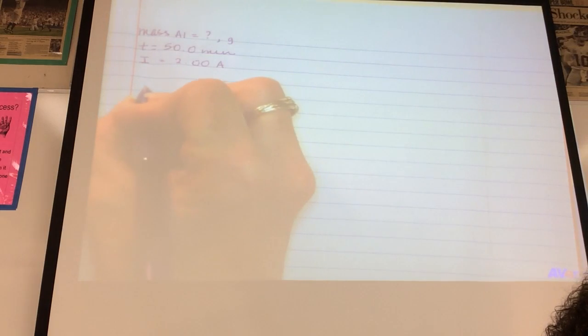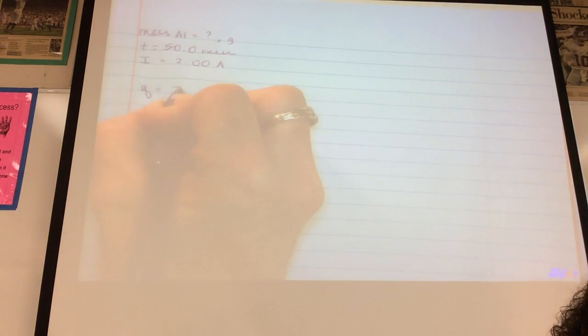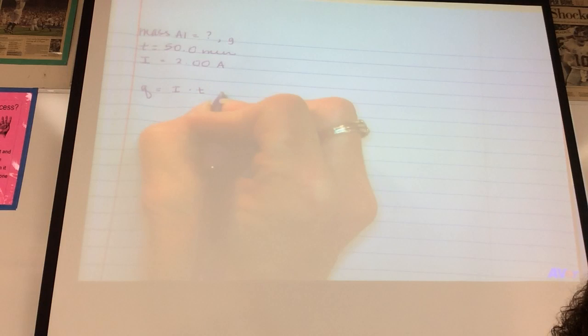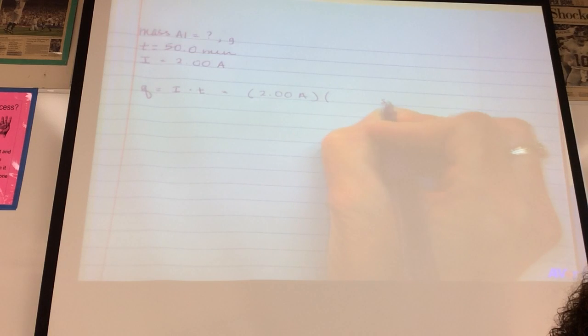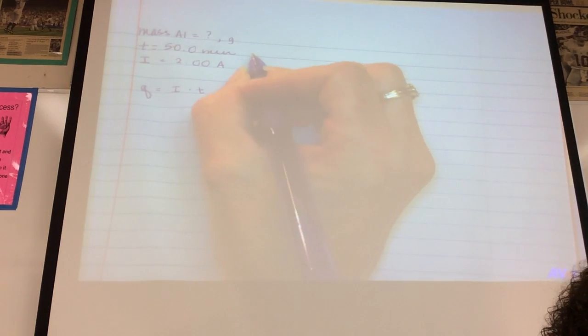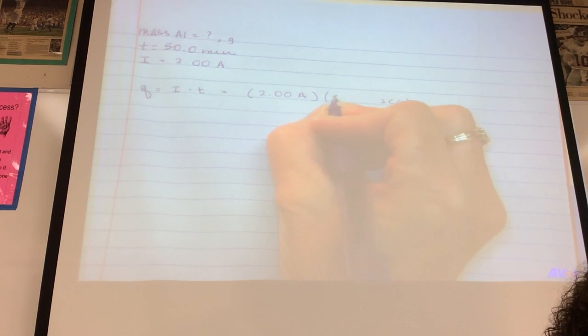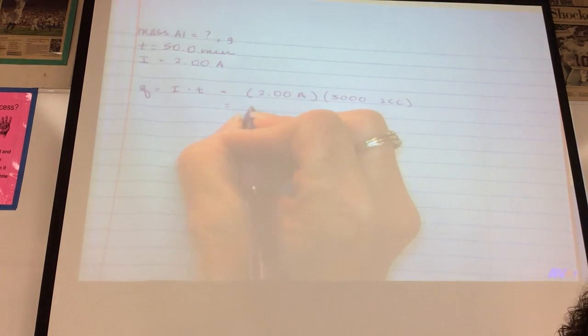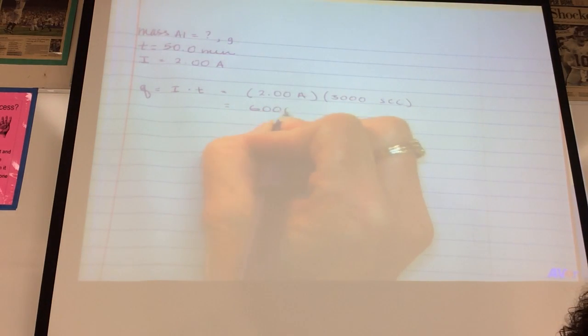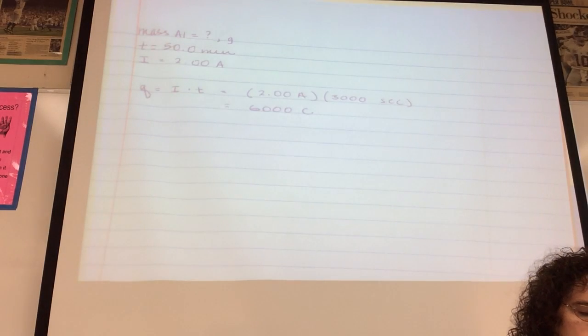We're going to go after the Q, I times T, and that's going to be 2 amps, and you've got to be in seconds. So 1 minute is 60 seconds. So that's 3,000 seconds. So that's going to be 6,000 coulombs.